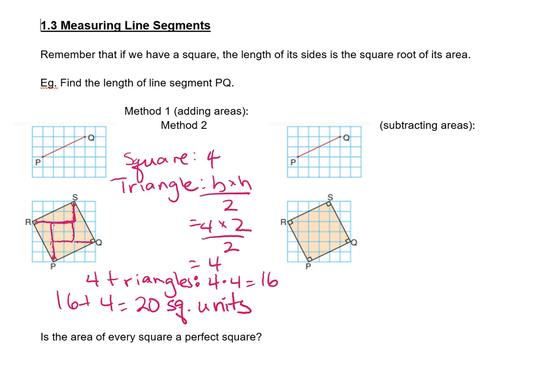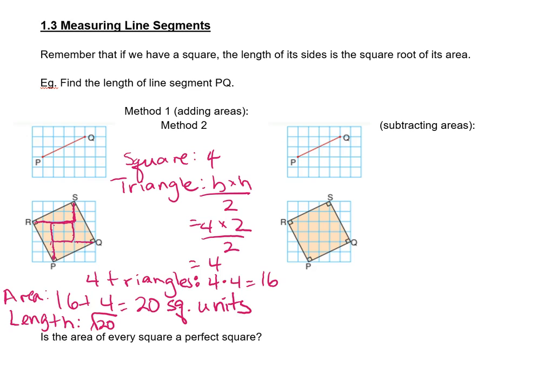So the length of PQ is the square root of the area. This is the total area. So the length is going to be the square root of 20. 20 is not a perfect square, so we can't find the exact number, so we're just going to leave it as the square root of 20.